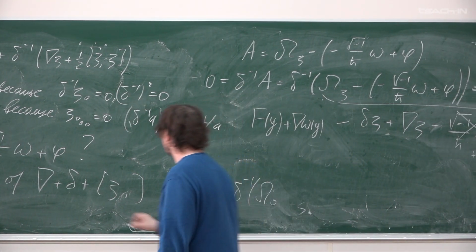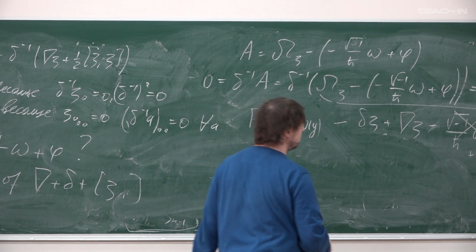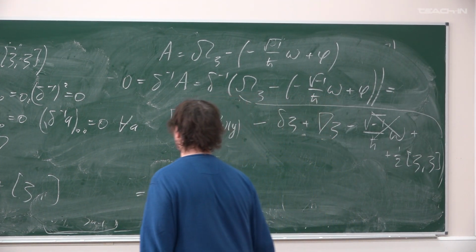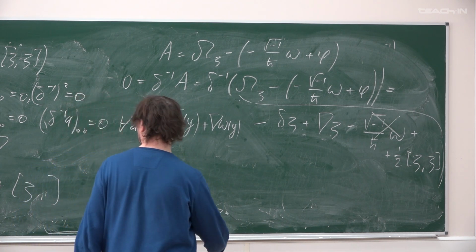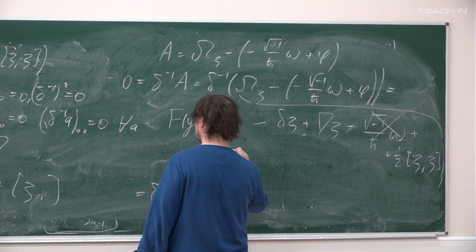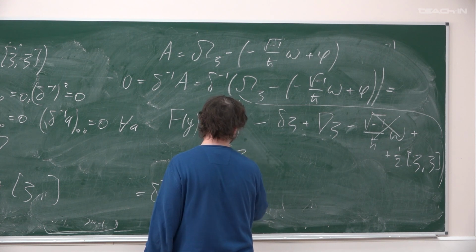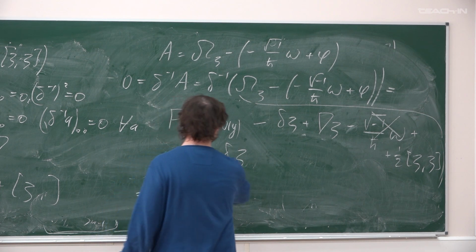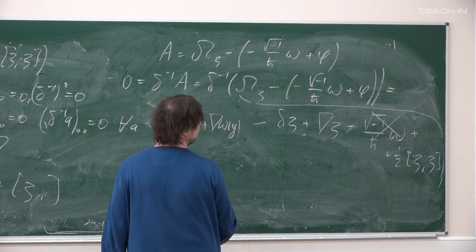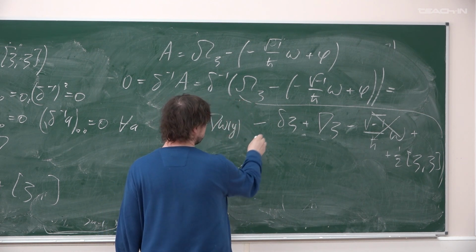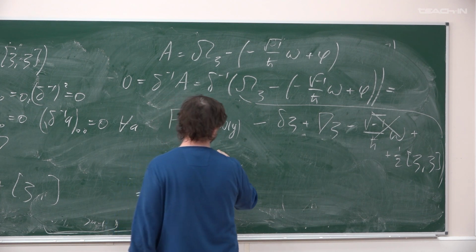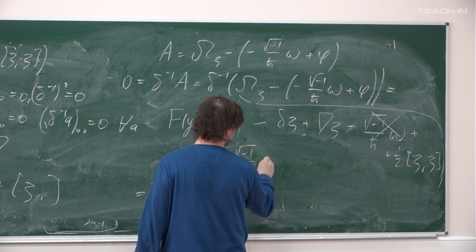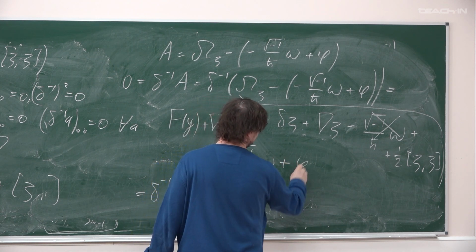This and this give you this term, right? And also, I forgot that there was this delta zeta. Ah, no, the delta zeta is here. Sorry. And yeah, we subtract minus square root of minus 1 divided by h bar omega plus phi.